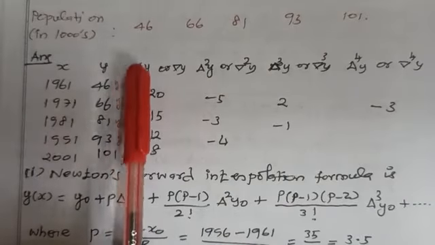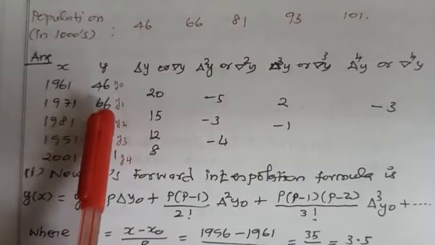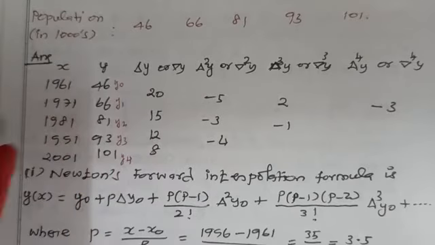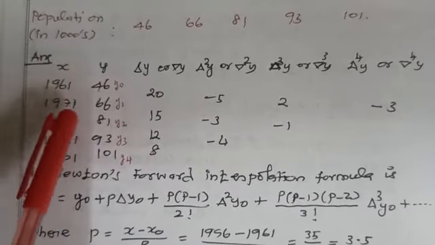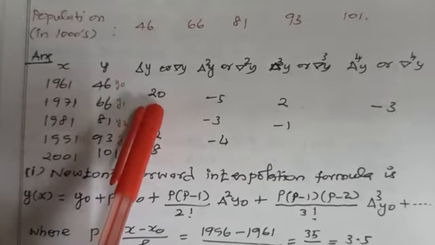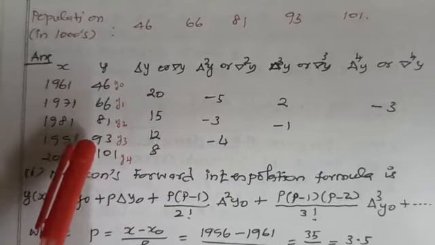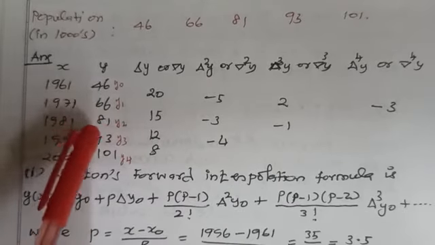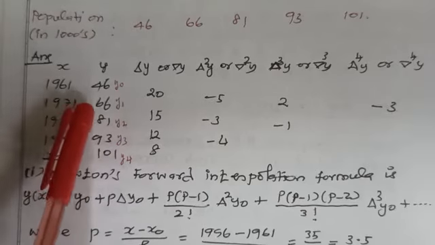How to find delta y? First we subtract y1 minus y0: 66 minus 46. The difference is 20. Next y2 minus y1: 81 minus 66.